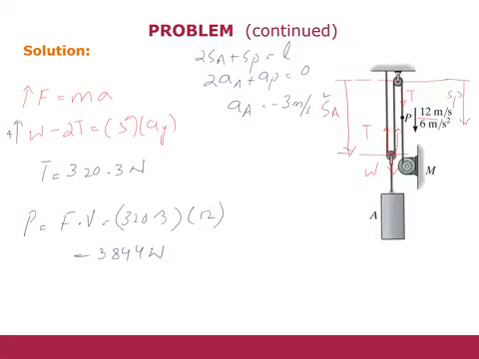That is why we will use this: P_i is 3844 divided by 0.8, so we will get 4.8 kilowatt. So this is the power which will be supplied to this motor in order to hoist this block in the upward direction.